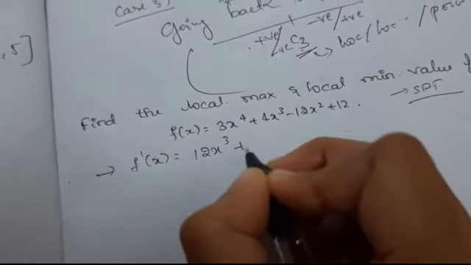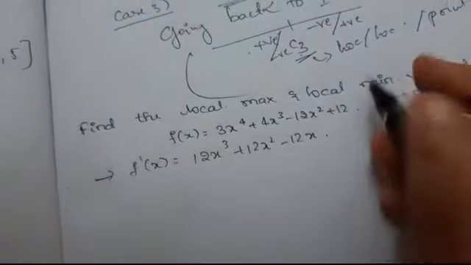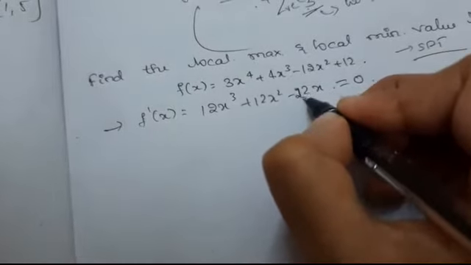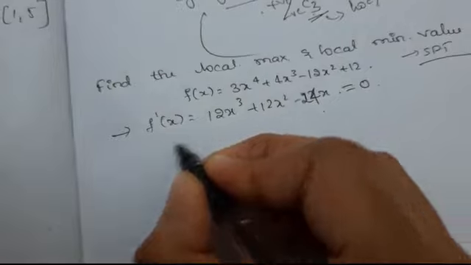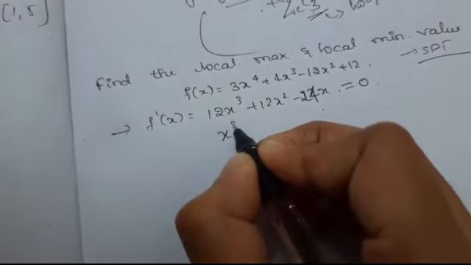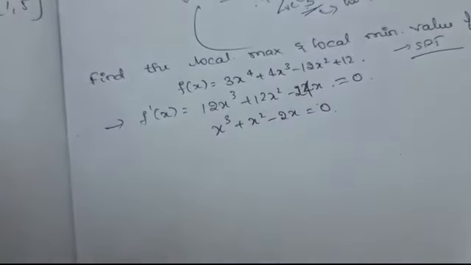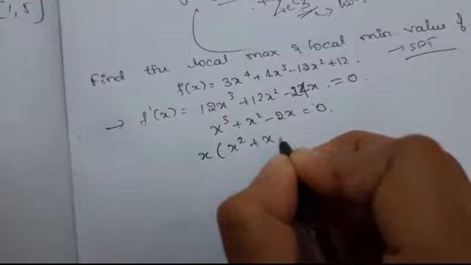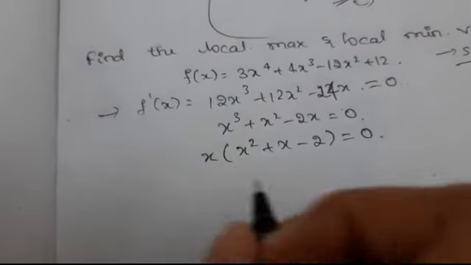Differentiation, what we are going to get? 12x cube plus 12x square minus 24x. After that we equate that to 0. Taking 12 common outside, x cube plus x square minus 2x equals 0. Taking x common, x square plus x minus 2 equals 0.